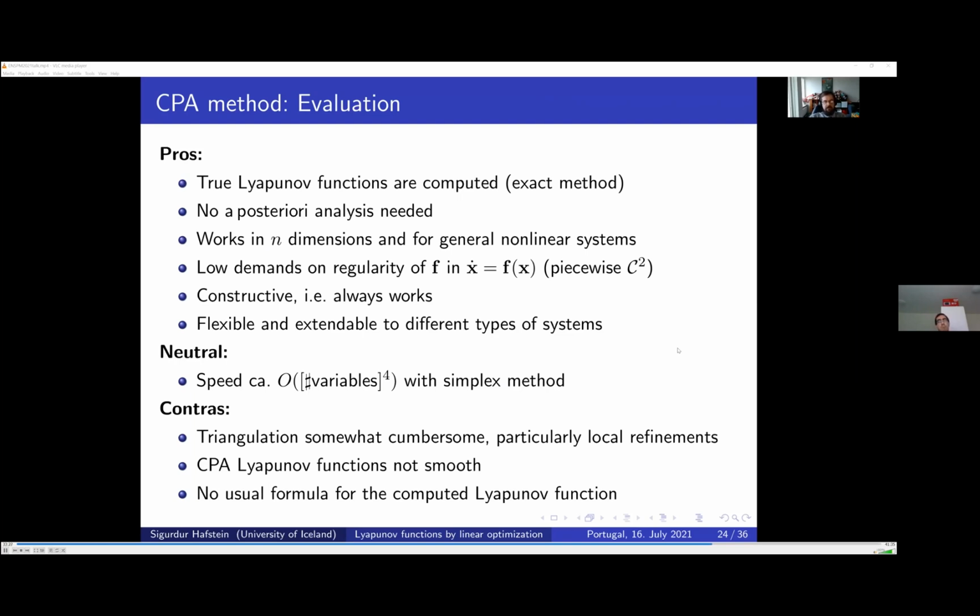And others are that, programming this method, almost all the energy goes into the triangulation. And local refinements of the triangulation, because it's hyperregular, are not so easy. The Lyapunov function we get is not a smooth function, it is piecewise affine. And there is no formula for the computed Lyapunov function. Some might consider this a disadvantage.